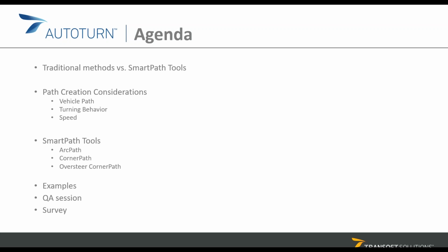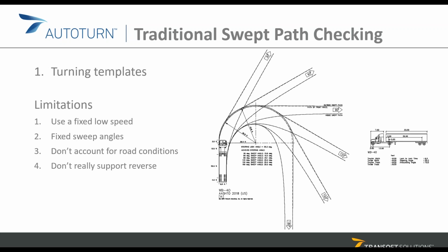All right, so let's jump right away into the traditional swept path checking methods. And of course, the first one is the turning templates. Turning templates, as you know, are the ones we find in design guidelines such as AASHTO, NACTO, NCHRP, or even local guidelines or policies produced by departments of transportation or provinces if they're in Canada. They have, or may have, variations to the design vehicles in the main guideline.